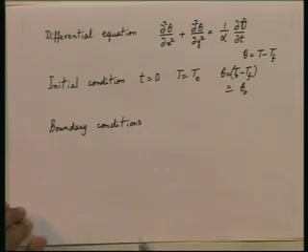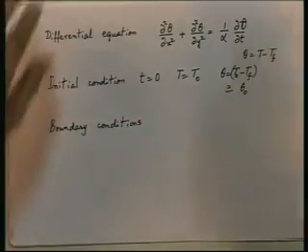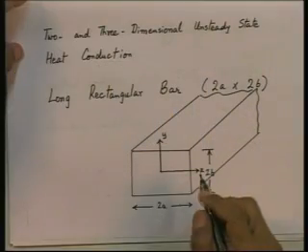Now, while putting down boundary conditions, let us make use of the symmetry of the problem. Let me go back to the sketch which I had of the bar. We have a choice.